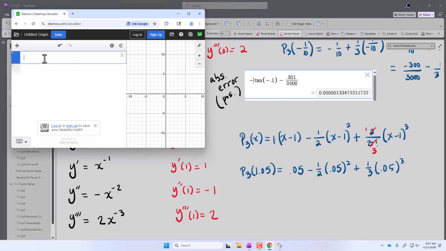So let's plug in this log thing. It was log of 1.05, if I remember that properly. I'm going to call this P. It'll be easier to do the subtraction if I call these things that.